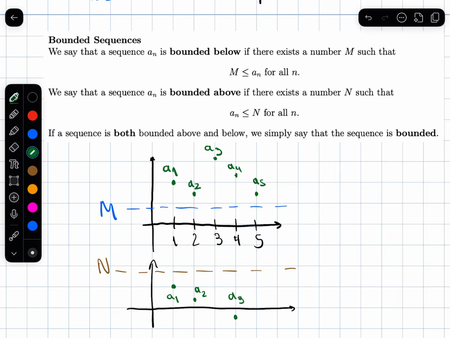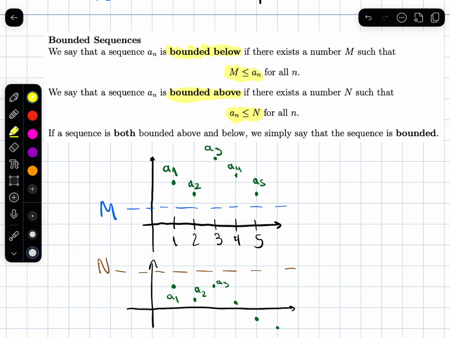Or maybe it goes up once, I don't know, and then maybe it goes down forever. It doesn't matter. As long as it never crosses above this n line here, then it will be satisfying this inequality, and so it will be bounded from above or bounded above. Okay, and the bounded below is the other one.